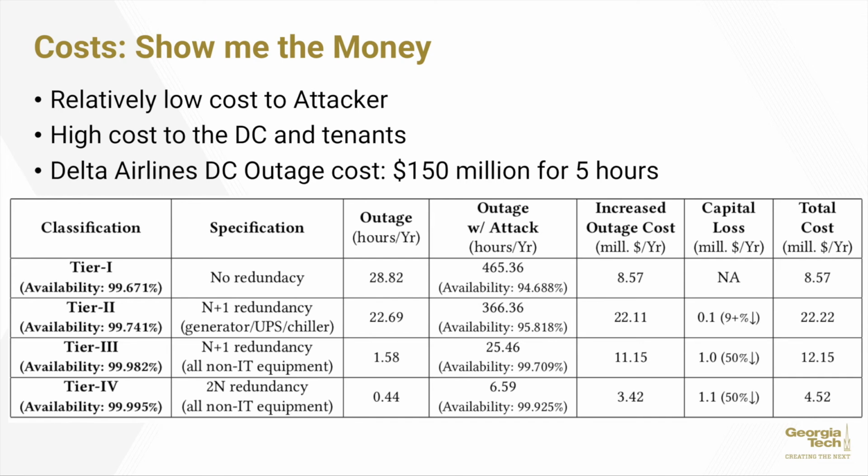So you're causing more outages and reducing their uptime, which affects their tier classification. It also costs money to the tenants, because any outage is an outage in their services. For example, Delta Airlines, in one case study, had an outage at their data center, and it cost them $150 million for 5 hours of downtime.